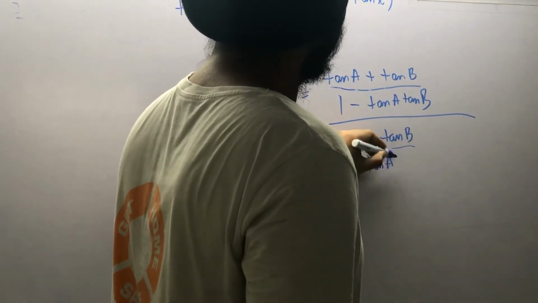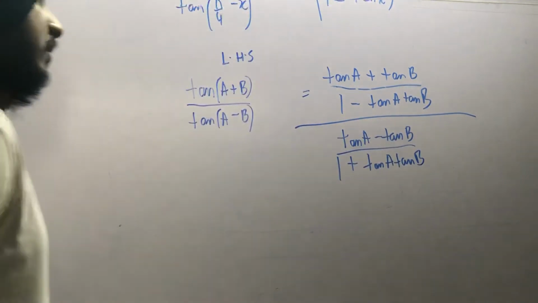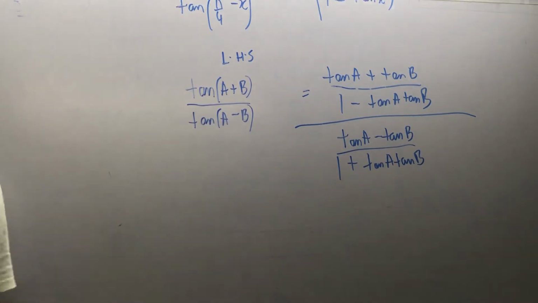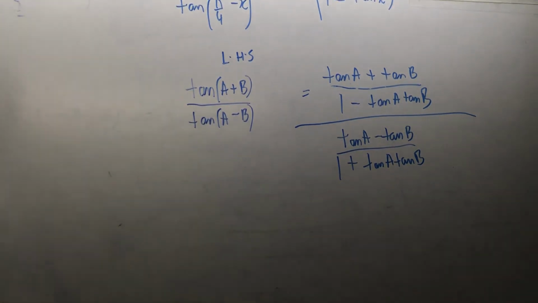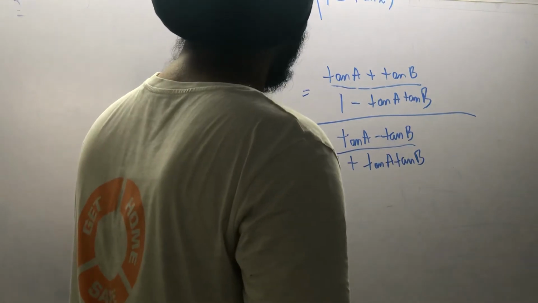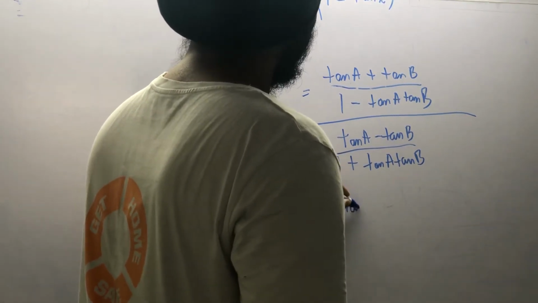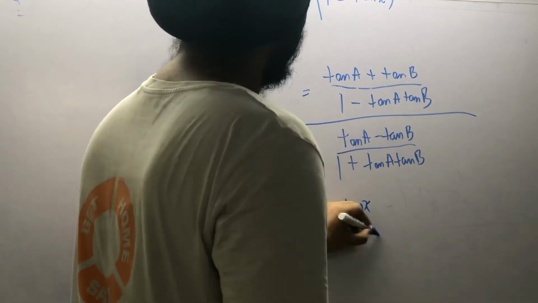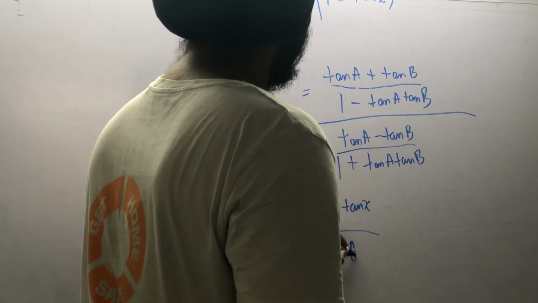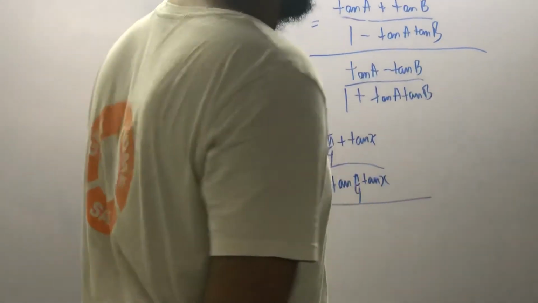Okay. I hope this is clear. I just put the identity of tan a plus b and tan a minus b that we have studied before. Now just put the values of a and b. That is tan pi by 4 plus tan x upon 1 minus tan pi by 4 tan x.